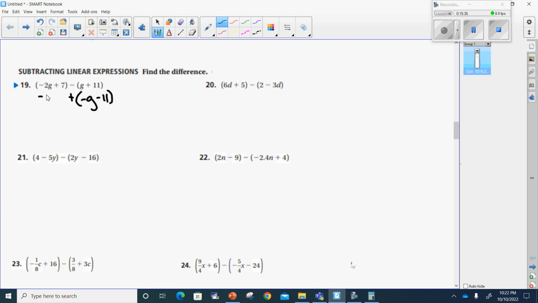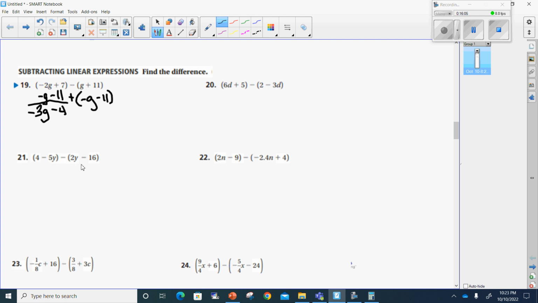I'll put negative g and negative 11, and then combine them. Well, 7 minus 11, my signs are different, so I take the big number minus the small number. That gives me 4. Keep the sign of the big number. That's going to be negative. And then negative 2g minus g, well, that's negative 3g.